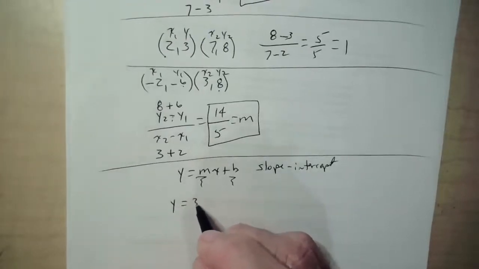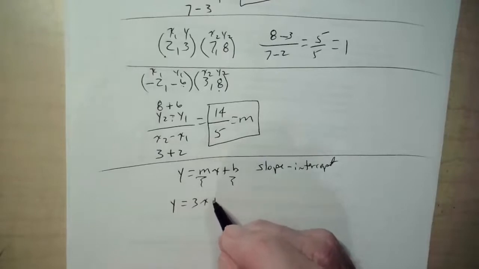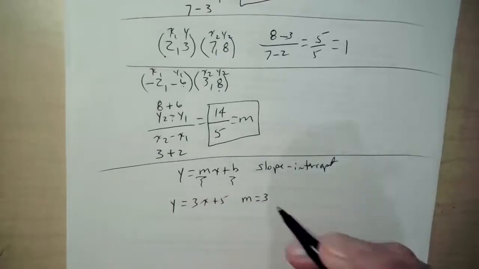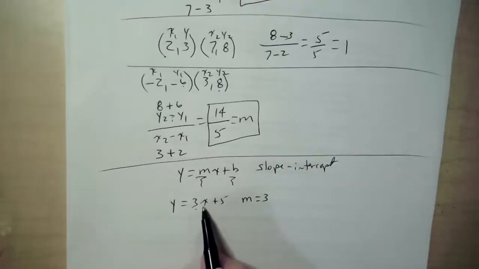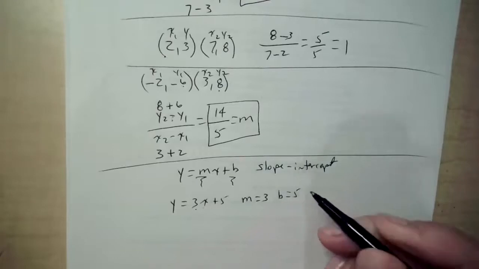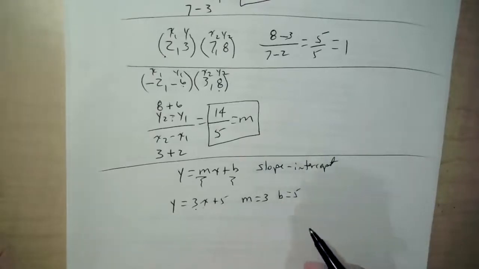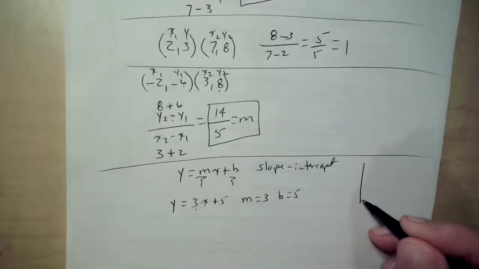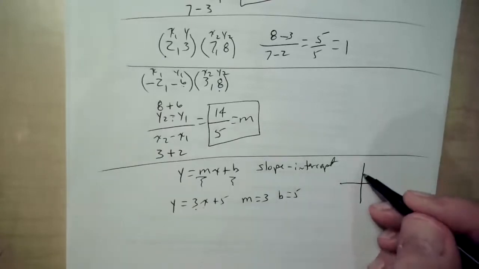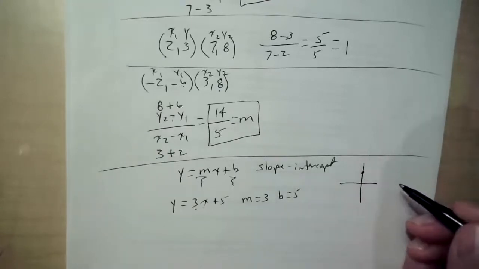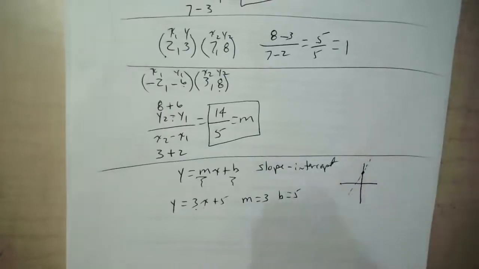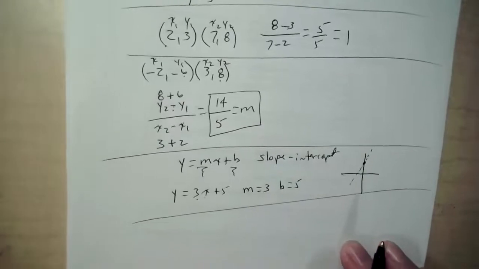So if we have y equals 3x plus 5, our slope here is 3, the number in front of x, and our y-intercept is 5. So if we were to graph this, it's going to cross the y-axis at 5. That's the one point we know. Cross the y-axis at 5, slope of 3 looks kind of like that.